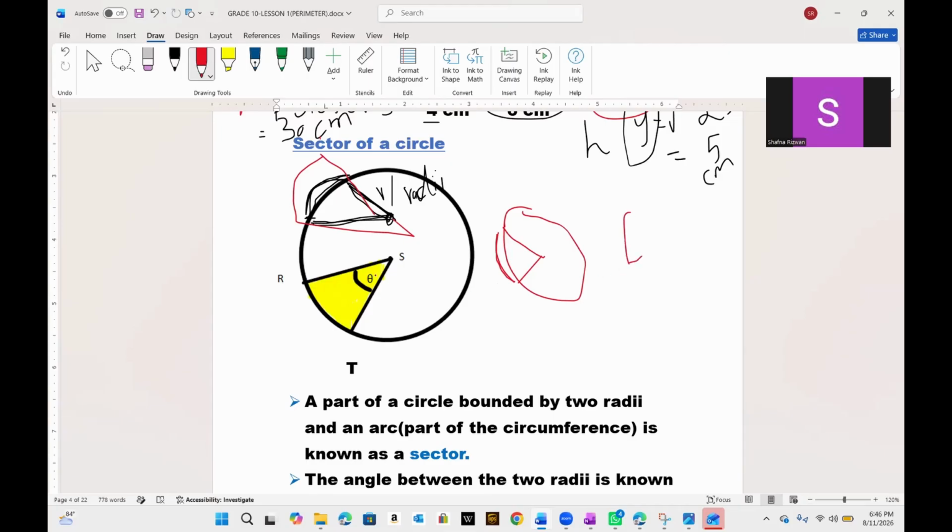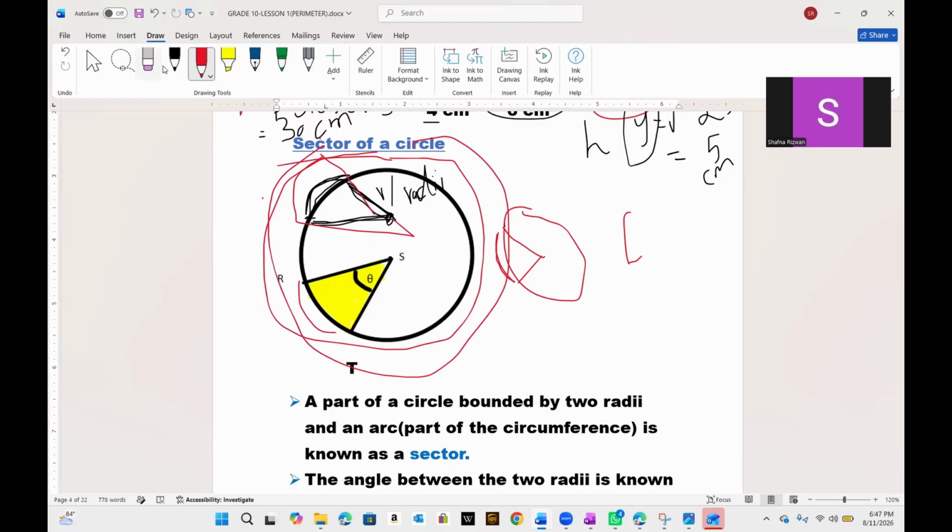From this whole perimeter of the circle, which we call the circumference, if I take a small part like this, a curve going like this, you call it an arc. An arc is a part of the circumference.